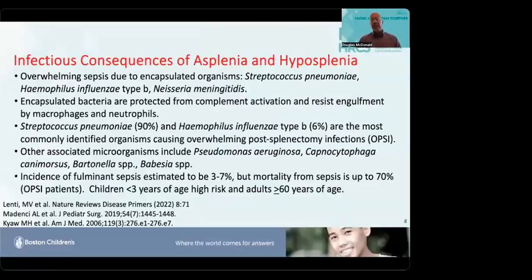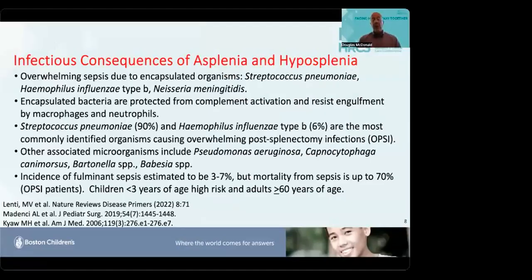So the infectious consequences of asplenia and hyposplenism are what we're most concerned about. Impaired splenic function can lead to overwhelming sepsis due to encapsulated organisms such as strep pneumonia, Haemophilus influenza type B, as well as Neisseria meningitidis.